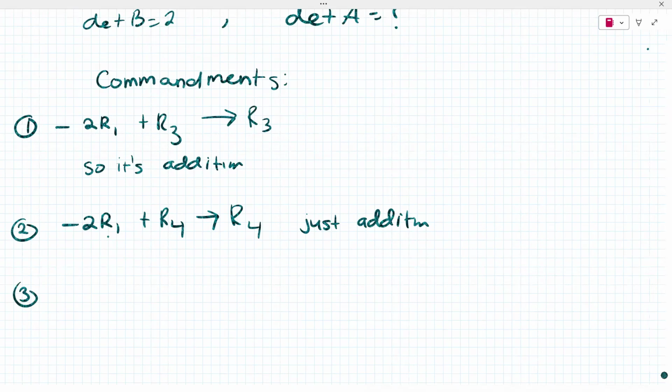Third one is 1/5 row 2 gave me new row 2. It looks like we have a scalar of row 2 and our final was row 2. So they're the same, right? If the scalar is the same with the new row, so you could say yes, we scale the row.